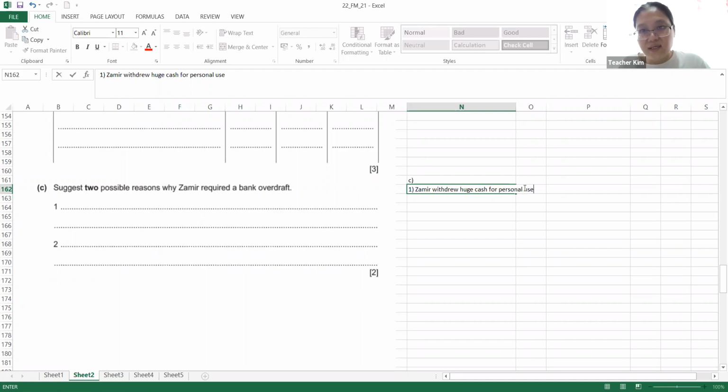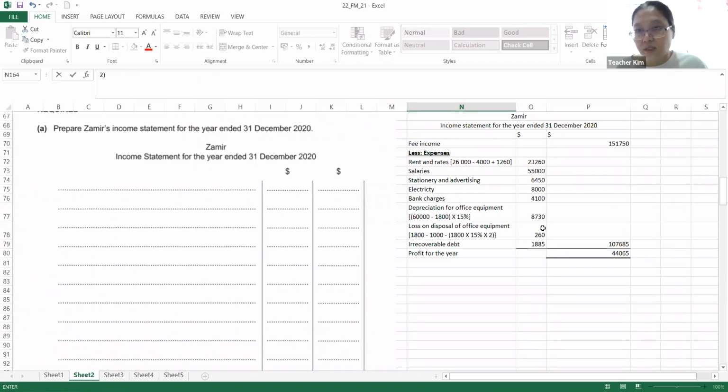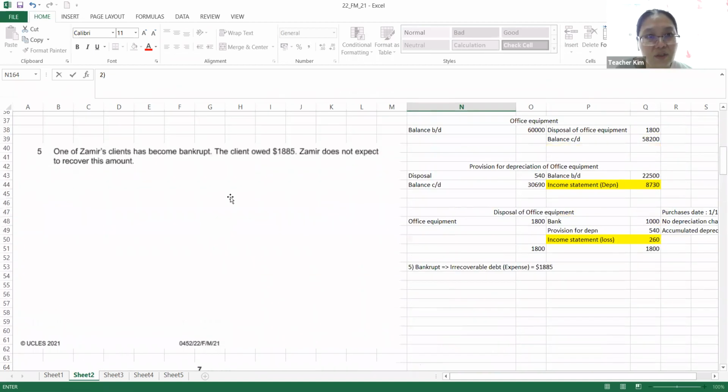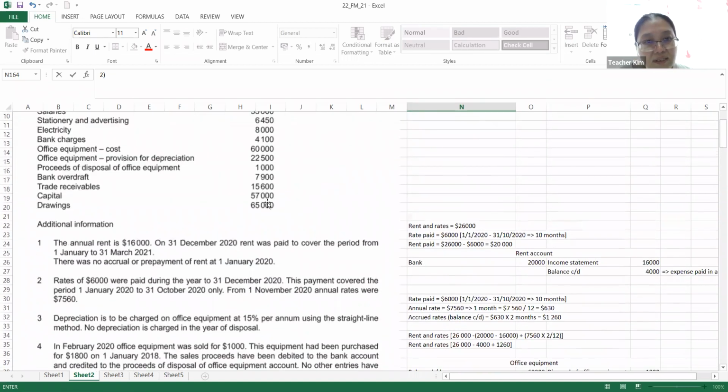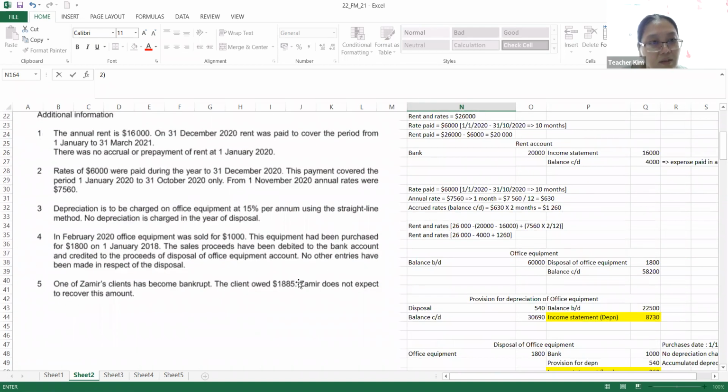So that's why he has the overdraft. That is the main reason. Drawing is high. And then number 2, let's see what else. He's making profit 44,000, but he goes and withdraws 60,000, 65,000. What else that we have here? Okay, we can use the expenses. Talk about the expenses.